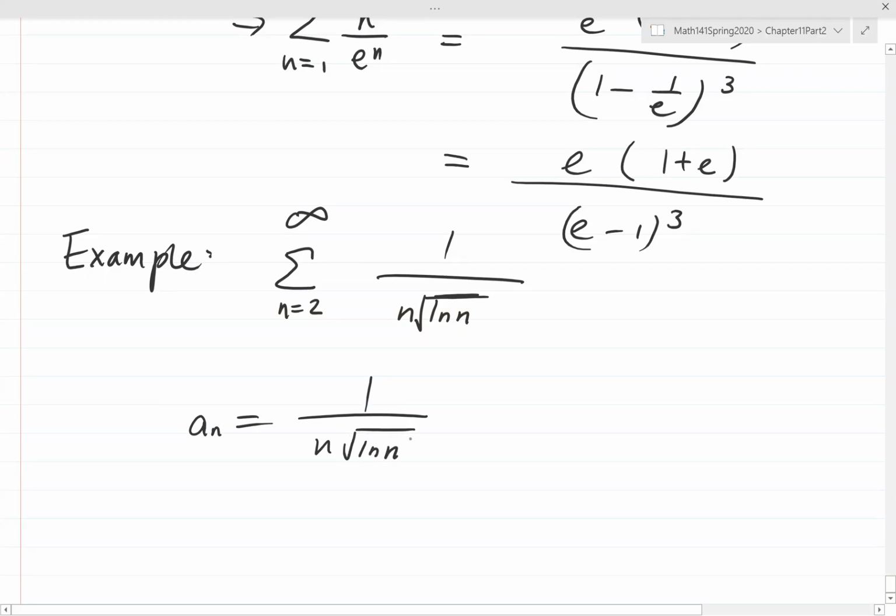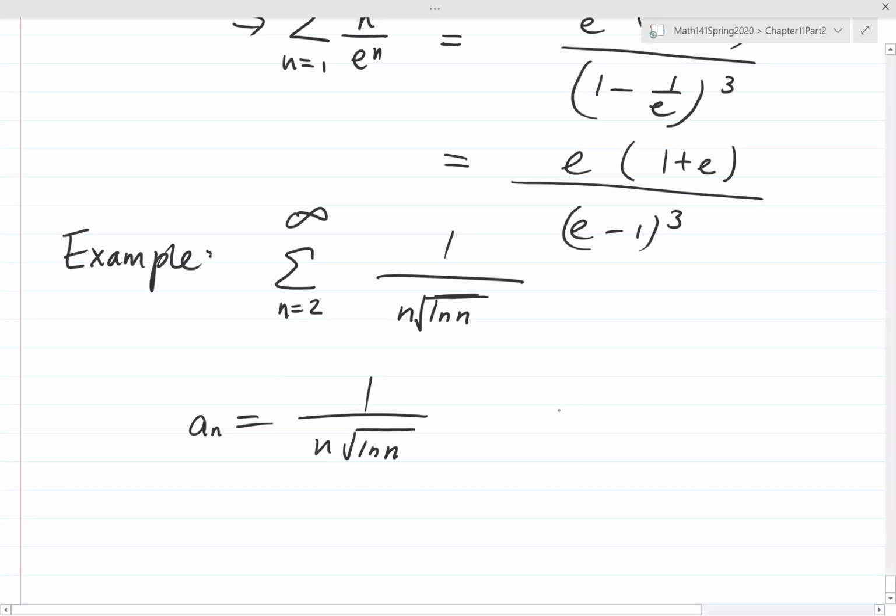Here we cannot use the p-test. It's a refined version of the p-test: p equals 1, but here we have some factor of log x. So we should use stronger tools, the integral test rather than the p-test. Remember, the p-test is derived from the integral test, and for this stronger version of the p-test, we should use the integral test.